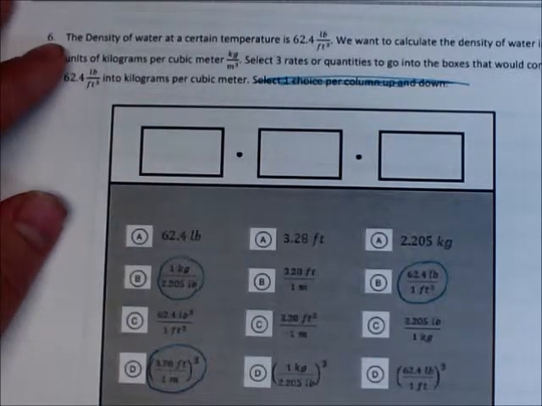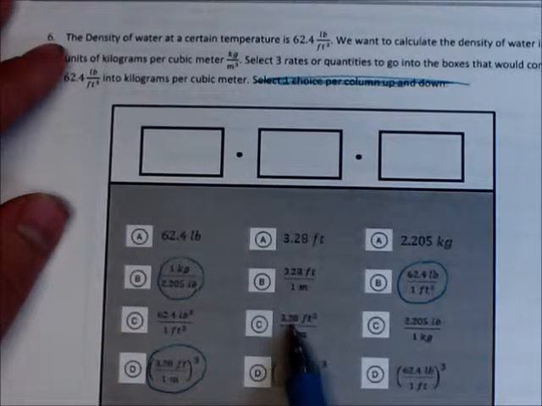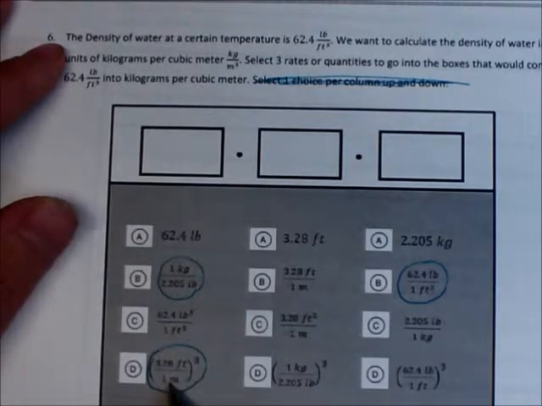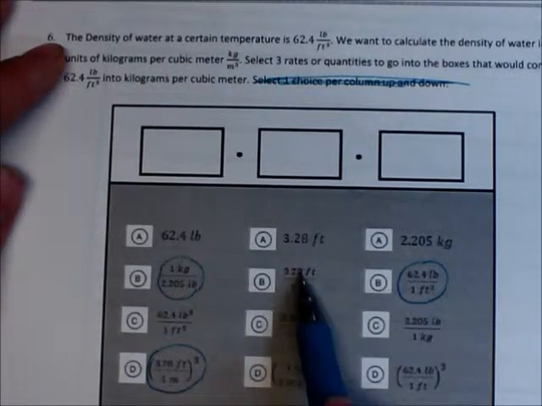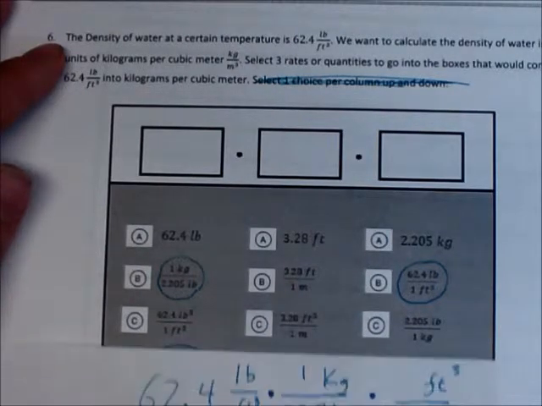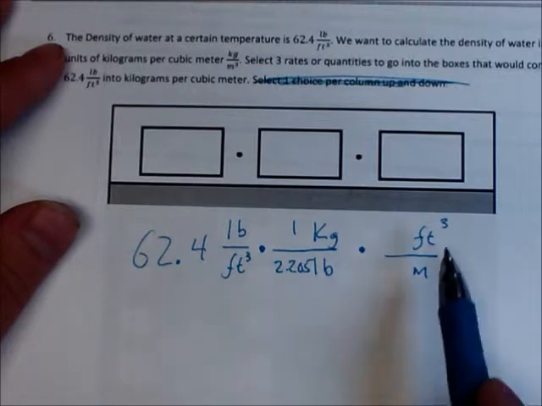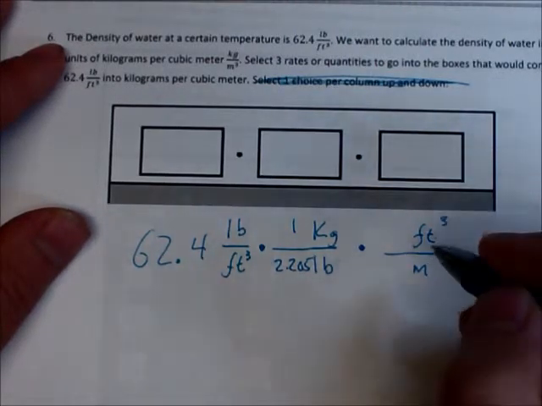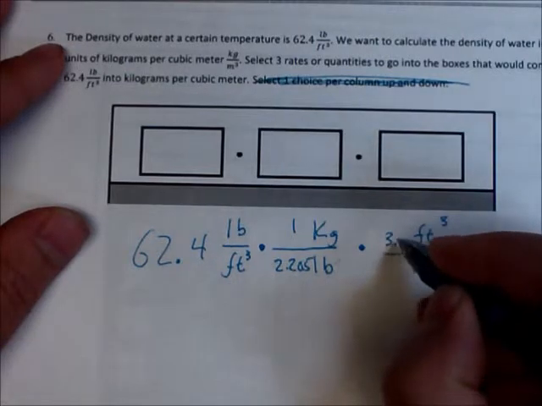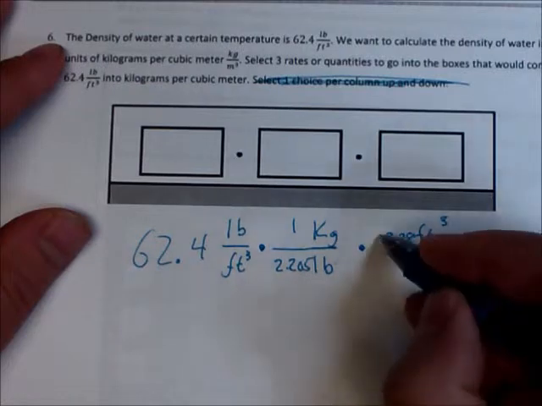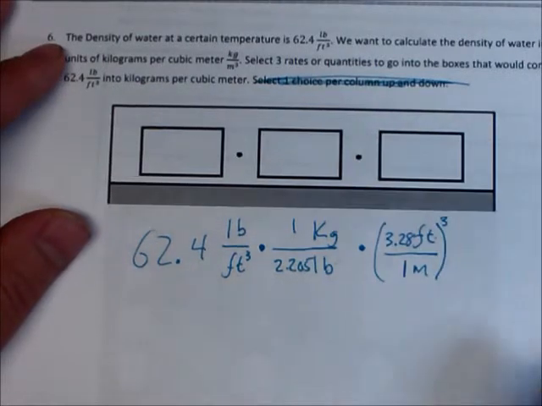It looks like I'm seeing, like this one here, 3.28 feet per meter. And again, I want the feet to be on top so that they cancel these feet. And so 3.28 feet per 1 meter. And I'm just going to cube the whole thing.